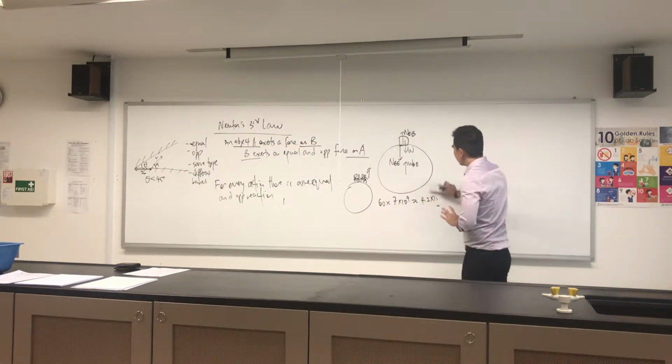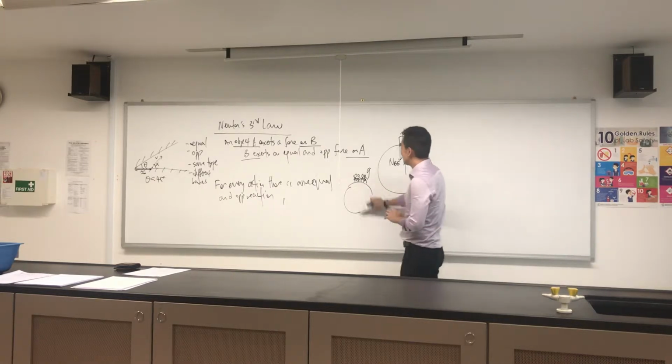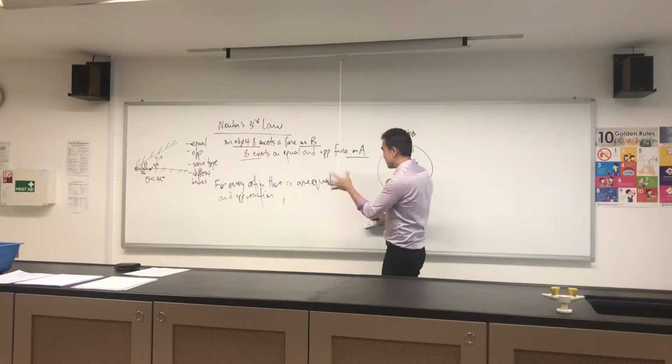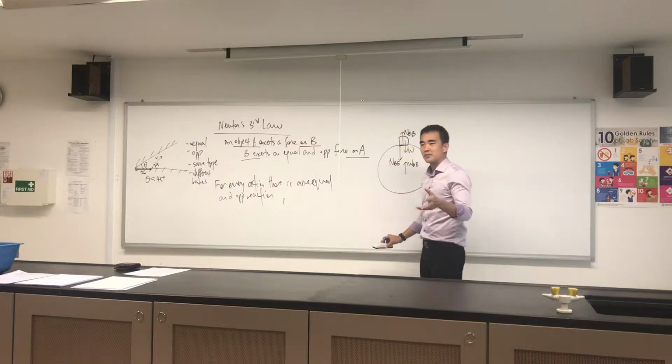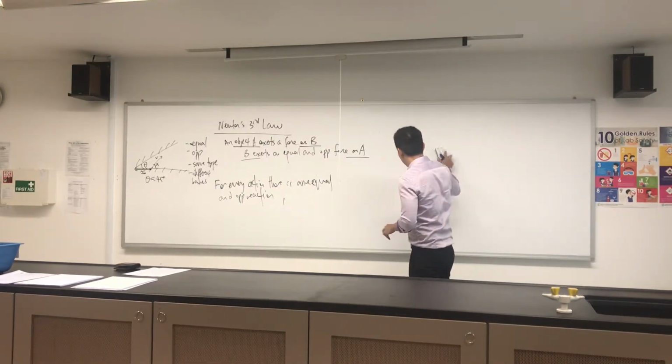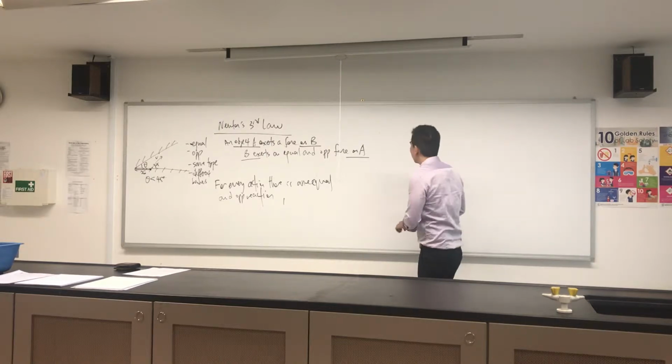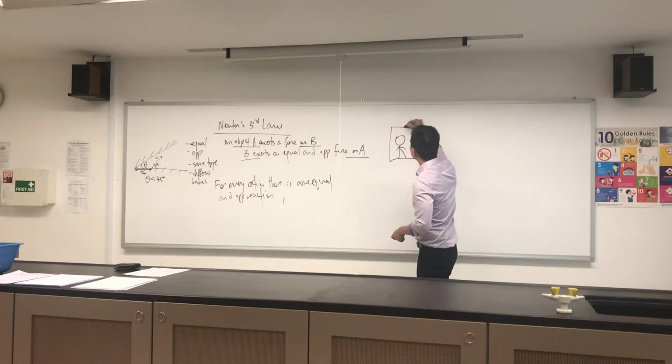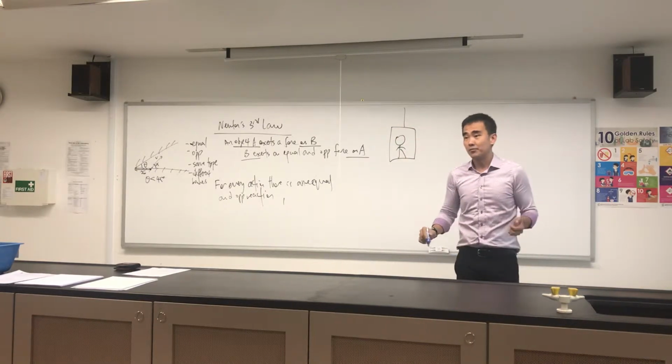Now, let's use this idea that we have developed of reaction force on a more typical example that students always have problems with. I hope that you won't face the problem, but let's see whether we have this issue. Let's place a person in a lift and the lift is accelerating upwards.